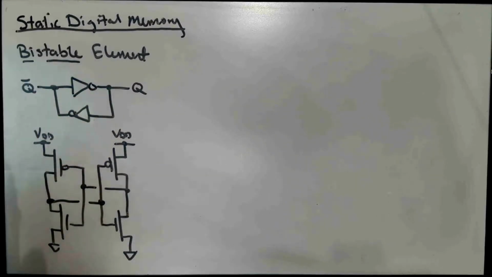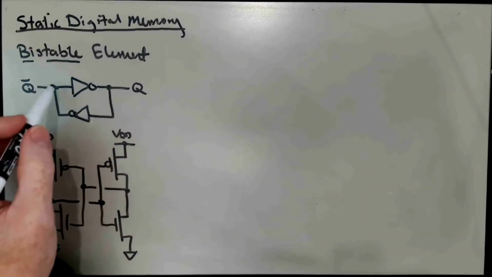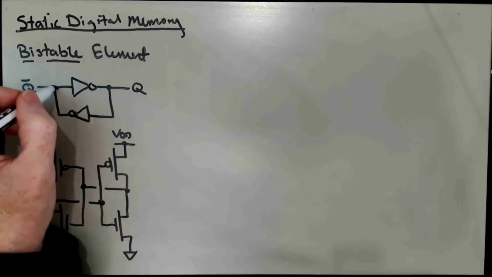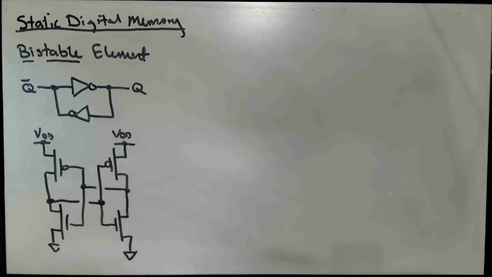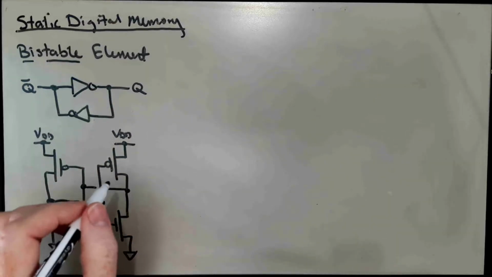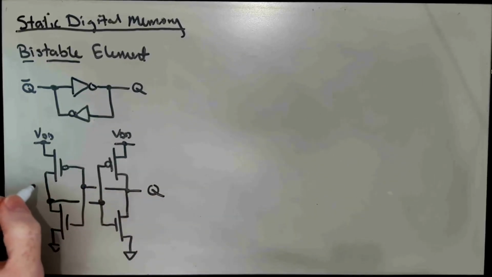Obviously, one here is on the output of an inverter and the other is on the input of an inverter, and that being the case, they should be complements of each other. And so to be consistent here, we'll call this one Q and this one here Q bar.